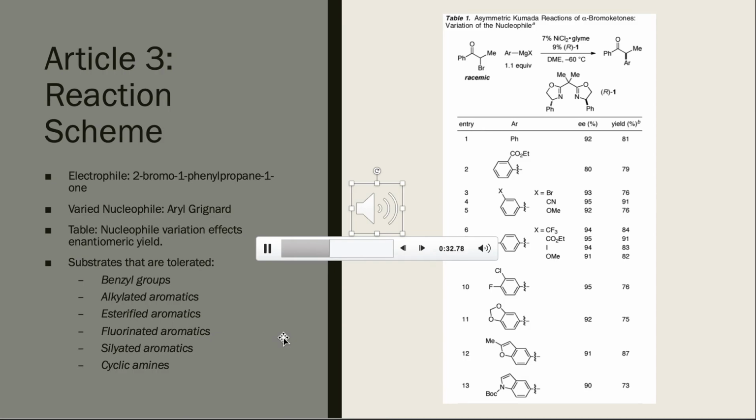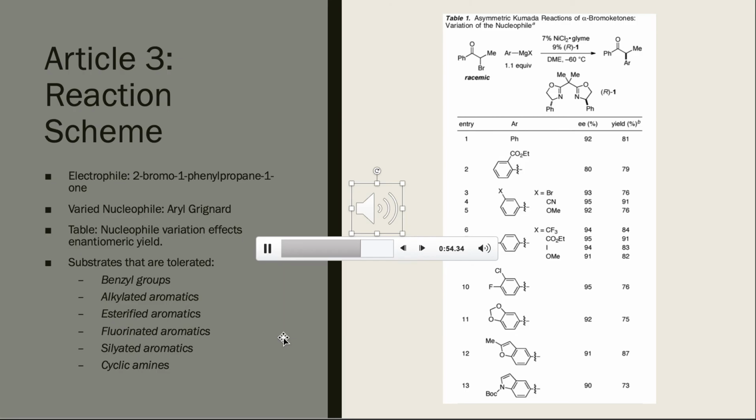The substrates tolerated in this reaction were benzyl groups, alkylated aromatics, esterified aromatics, fluorinated aromatics, sialated aromatics, and cyclic amines. This synthesis showed good enantiomeric excesses and pretty solid percent yields.